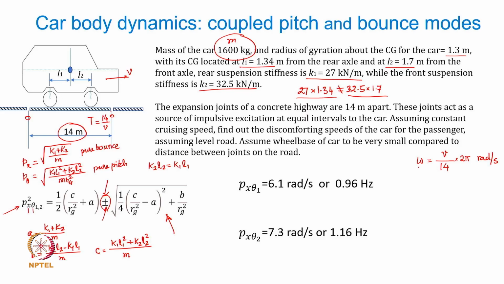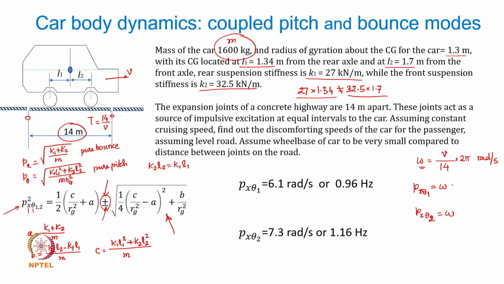So you have this omega, and we know that for a resonance condition px theta 1 should be the same as this. Or for the other speed, px theta 2 can also match with this omega.